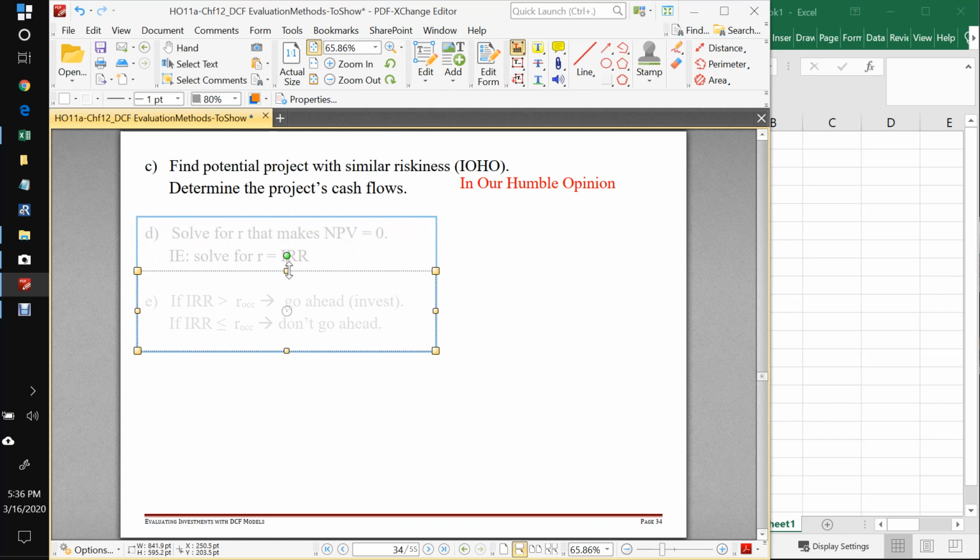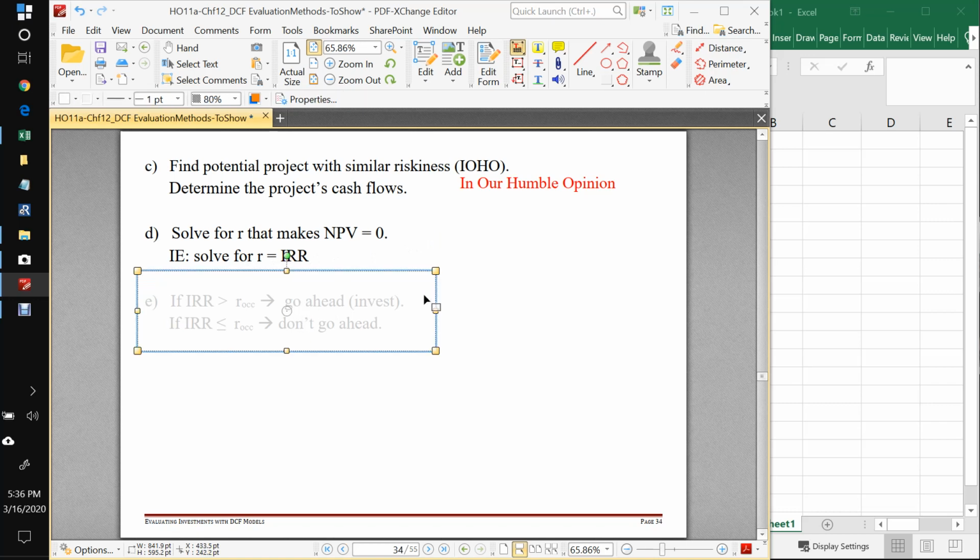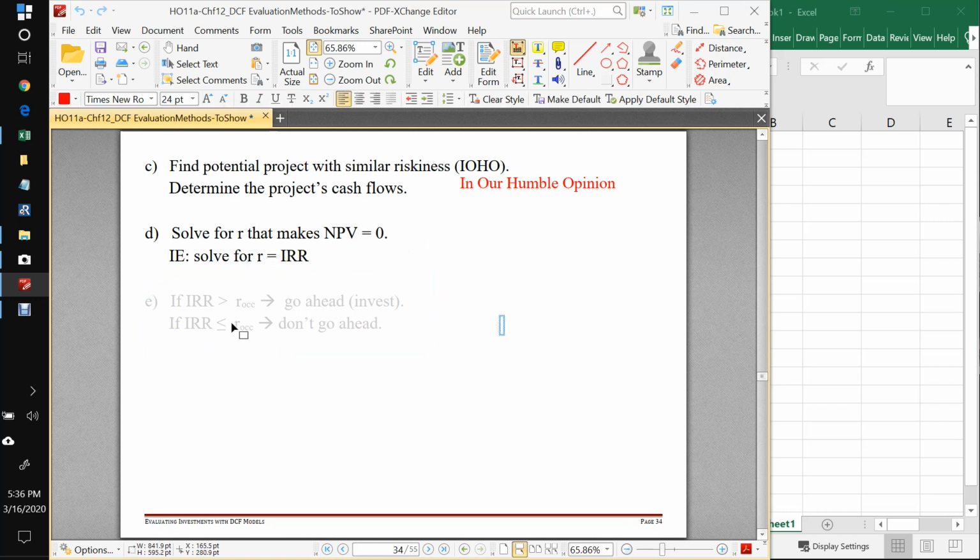Now that we know the cash flows, solve for the R that makes the NPV equal 0. That is the IRR. And now we apply our IRR rule, which is if the IRR we find is greater than the opportunity cost of capital, that means our cash is earning at a quicker rate than it would in our opportunity cost investment, so we want to go ahead.